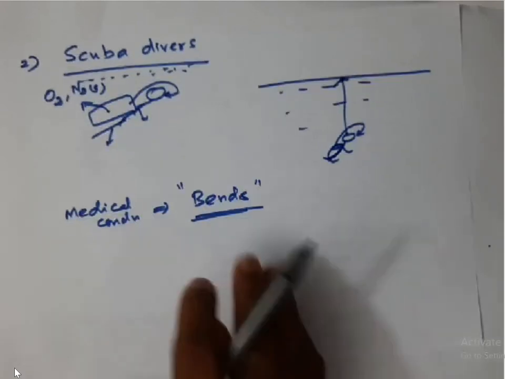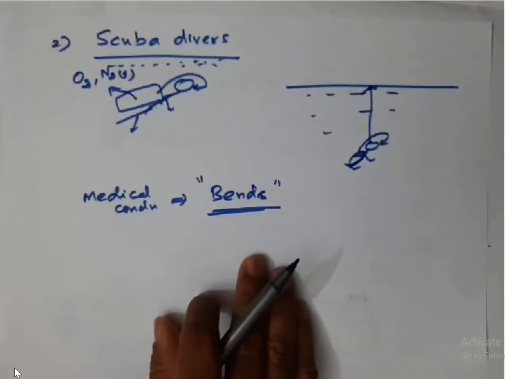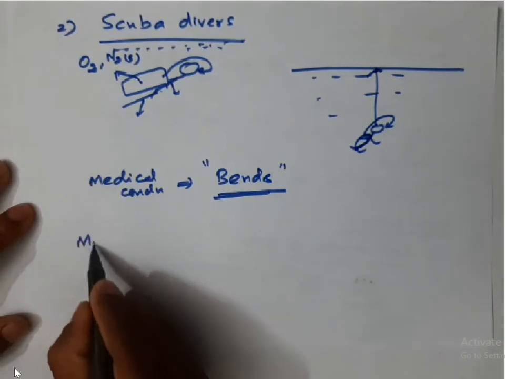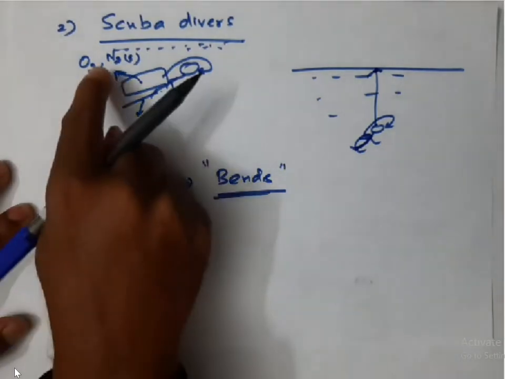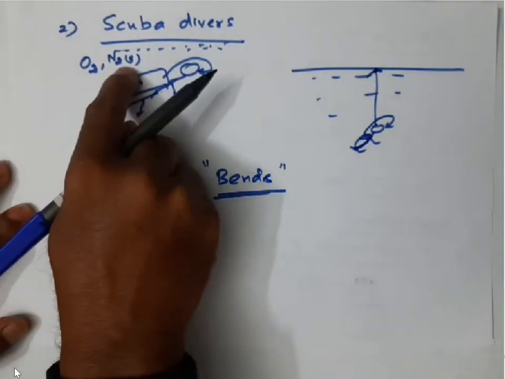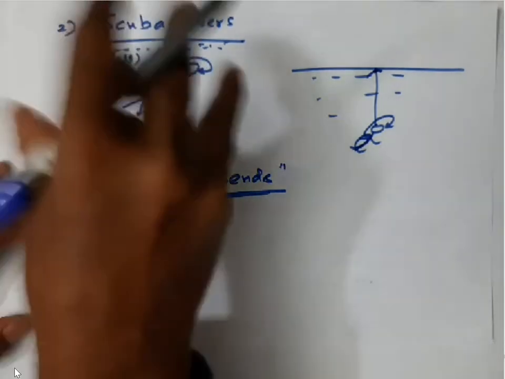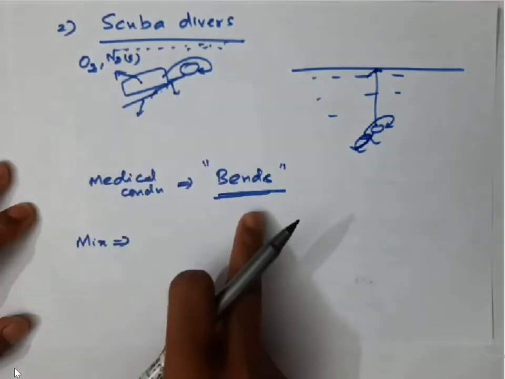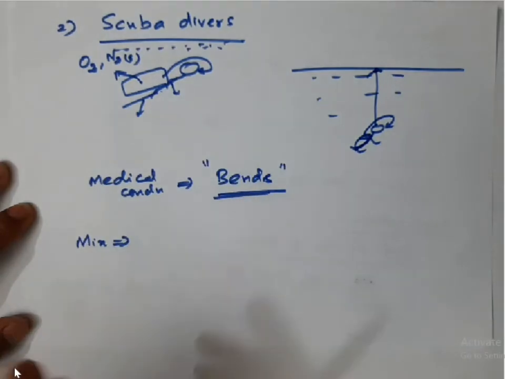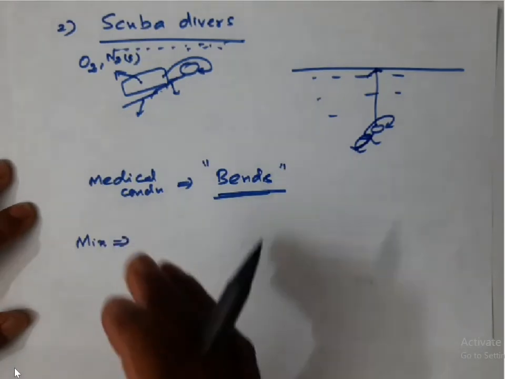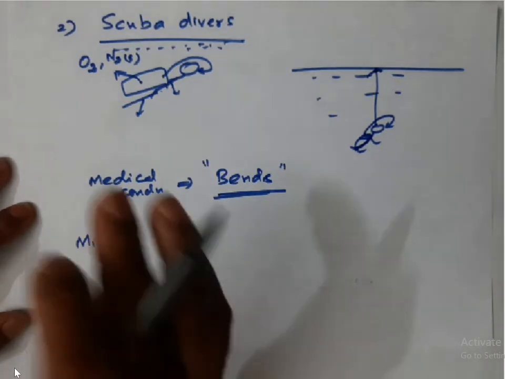So to avoid this bends problem, people took this mixture. If you take only oxygen and nitrogen, the nitrogen content will be high, and when nitrogen content is high, you will get the problem called bends. To avoid this, people took another mixture.